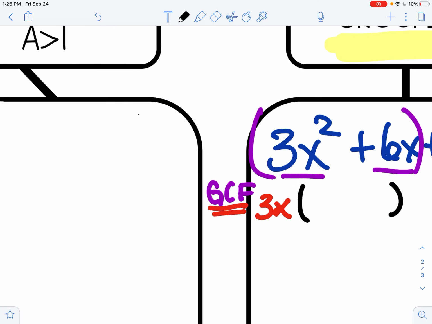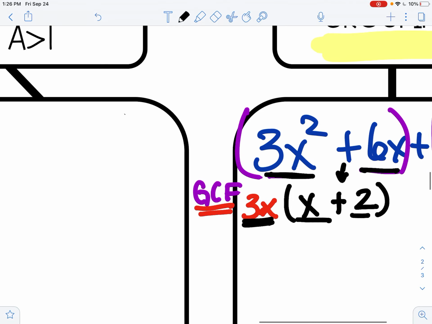And then now I have to figure out what multiplies back to get to 3x squared. So I know 3x times x gives me 3x squared. I'm going to bring down the plus sign. And then 3x times what gives me 6x? Well, 3x times 2 would give me 6x. And that's what I do there.